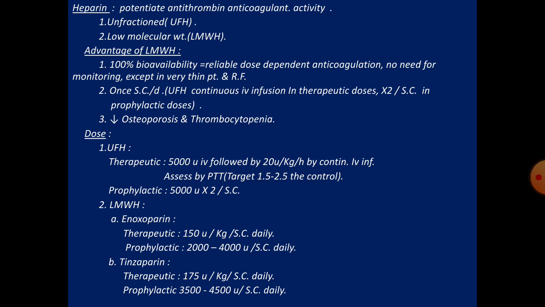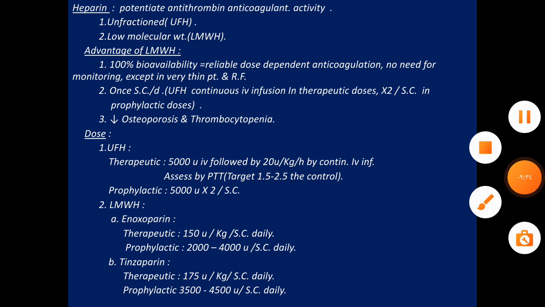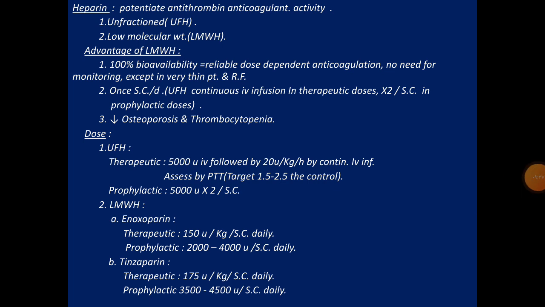The therapeutic dose of unfractionated heparin is 20 units per kg per hour. We give an initial bolus of 80 units per kg, and then we continue on 20 units per kg per hour, as we said, by continuous IV infusion.